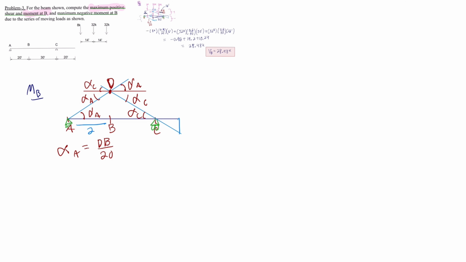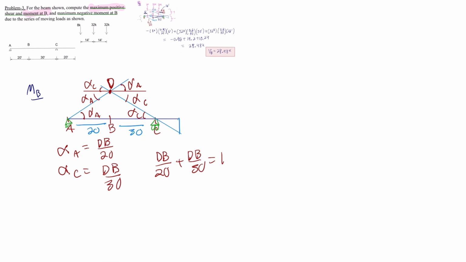This distance is 20, and this distance is 30. So then angle C is equal to dB over 30. Then if we add dB over 20 plus dB over 30 and set it equal to 1, because as I mentioned before, this is 1 unit.